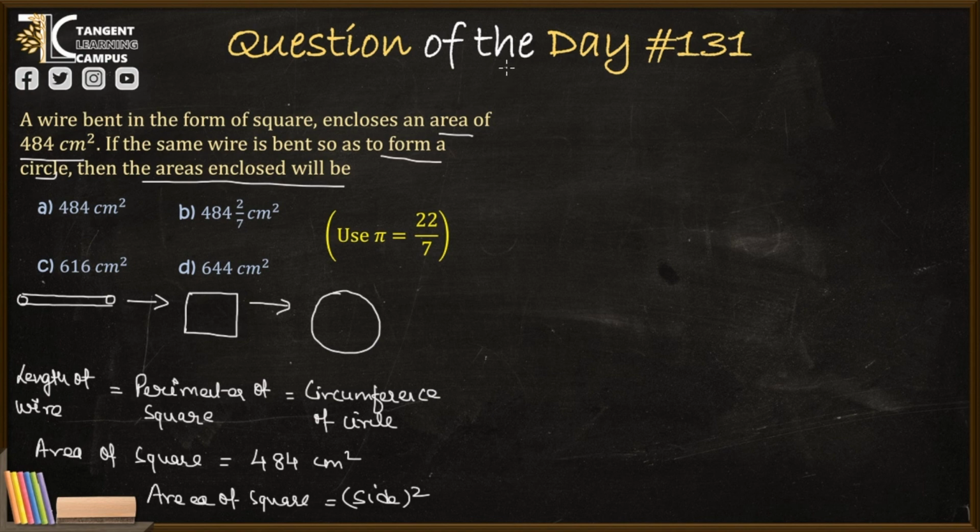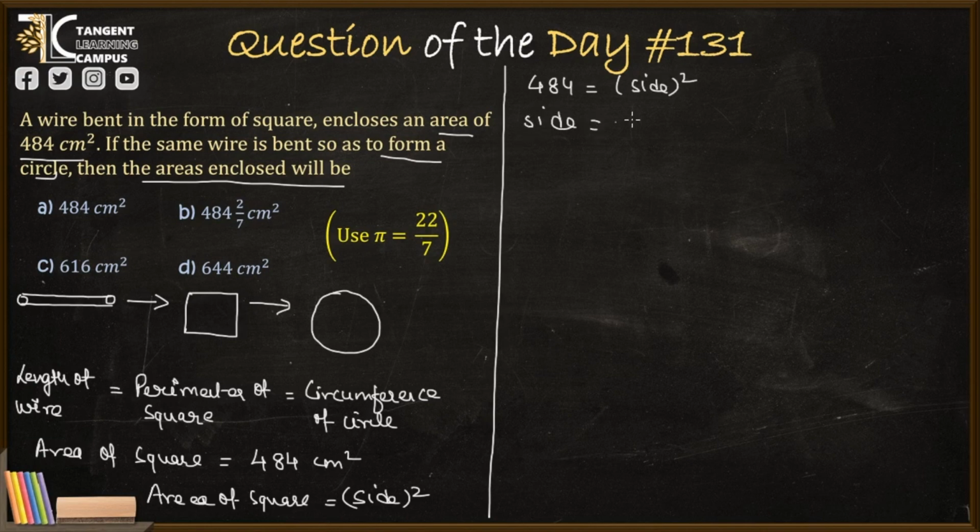So we can put the value over here: 484 is equals to side square. So from here we get the value of side as under root 484, which is 22 centimeter. So now we know the value of side of square.